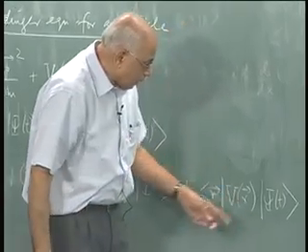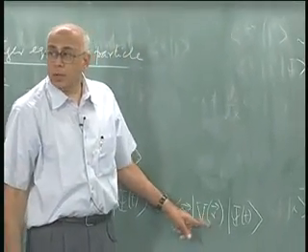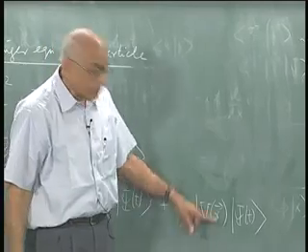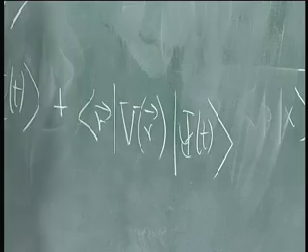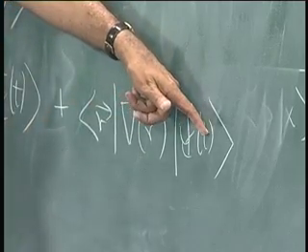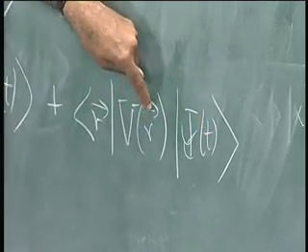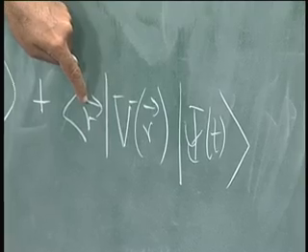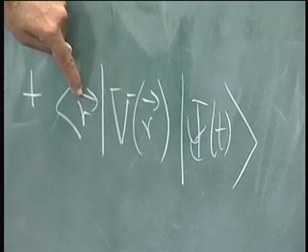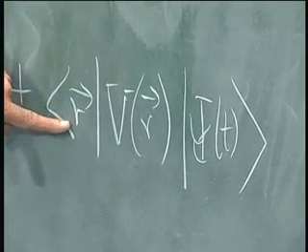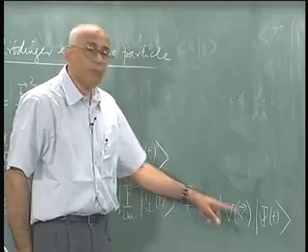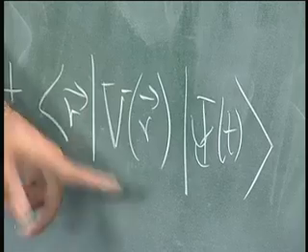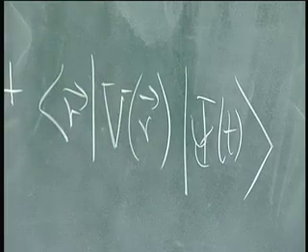What should I do with this? I do not know what this R operator does, this is an operator and this is some function of the R operator, I do not know what function it is, depends on the potential. I do not know what it does when it acts on ψ, but I know what the R operator acting on the ⟨r| bra vector does, it just pulls out the real eigenvalue r, this label here. Therefore any function is also, this is an eigenstate of a function of R as well, and it pulls out just the corresponding function of r that V(r) is.